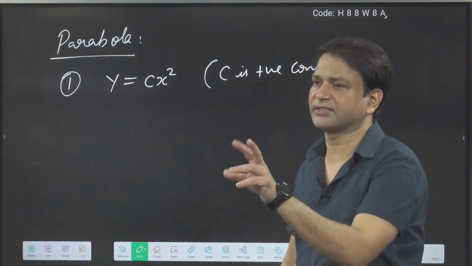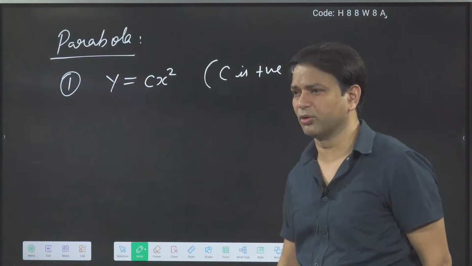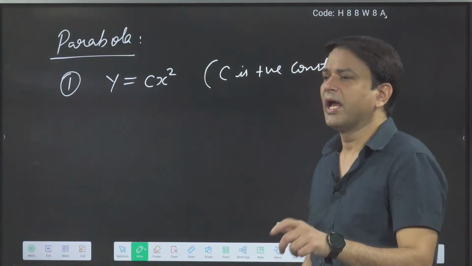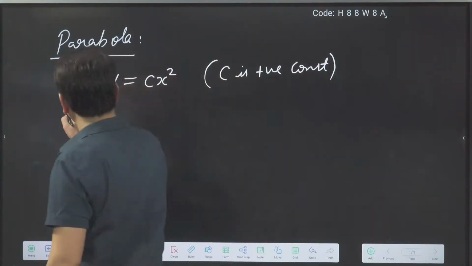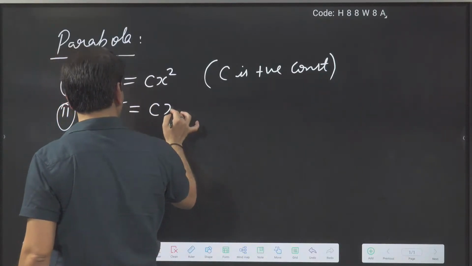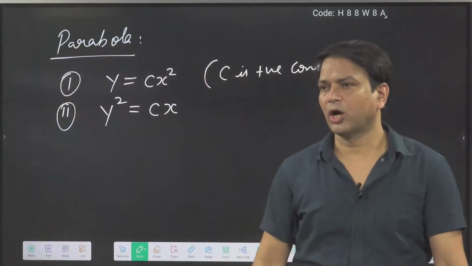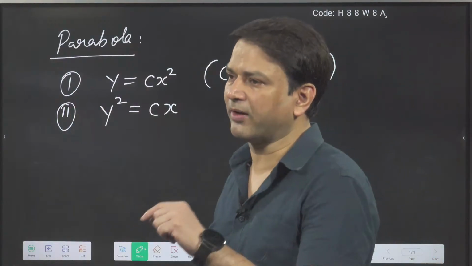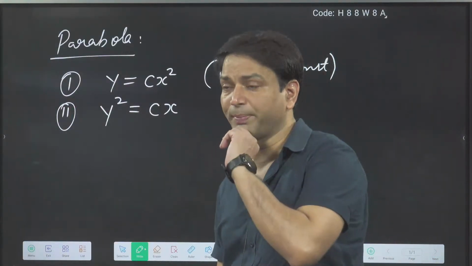Then we can say this equation is the equation of a parabola. This everybody got. Another possibility is x = cy². Now here the power of y is 2 and the power of x is 1. So it is also the equation of a parabola.